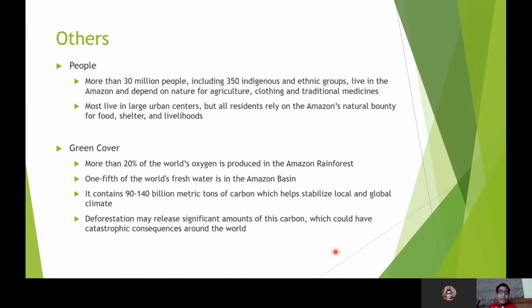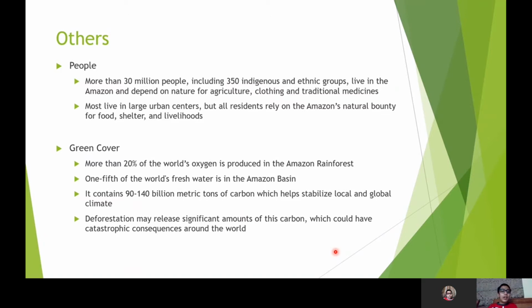Other things can be found in the Amazon forest. People. More than 30 million people, including 350 indigenous and ethnic groups, live in the Amazon and depend on nature for agriculture, clothing, and traditional medicines.